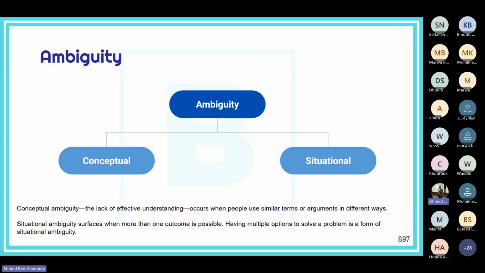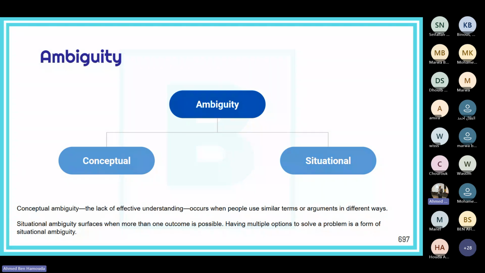And for ambiguity, we could sometimes have conceptual ambiguity or situational ambiguity. Conceptual ambiguity is when we're talking about having a lack of effective understanding. This could occur when people use similar terms, terminologies, but in different ways. That creates a conceptual ambiguity.